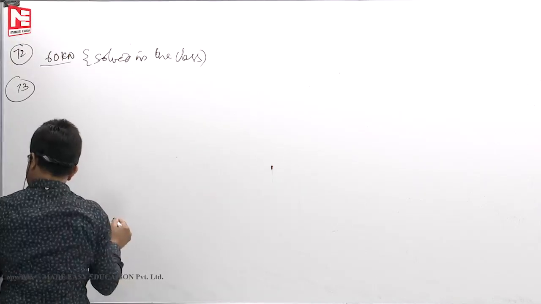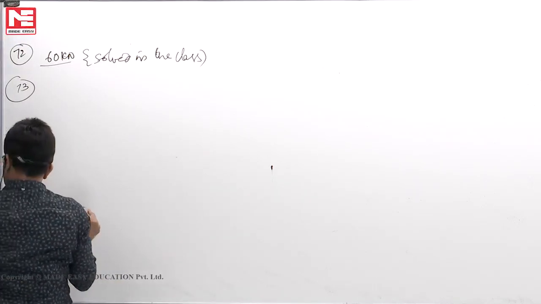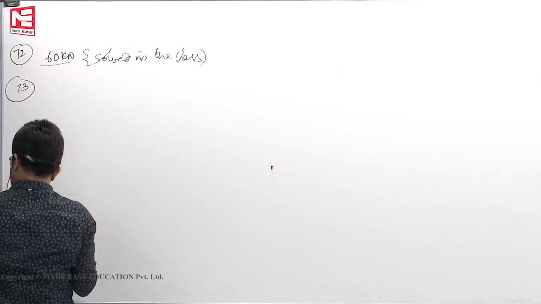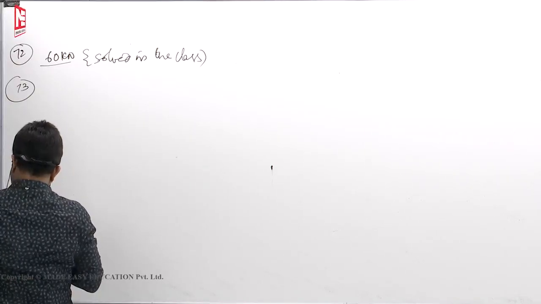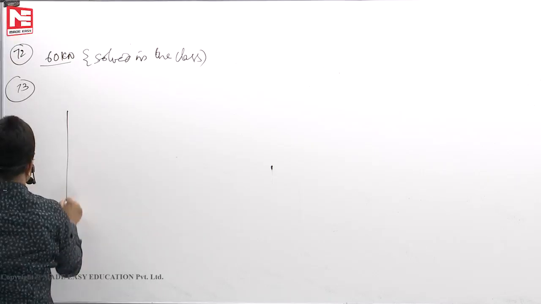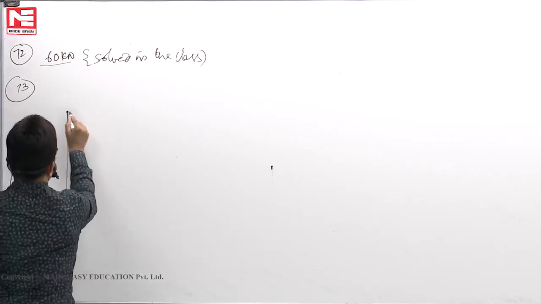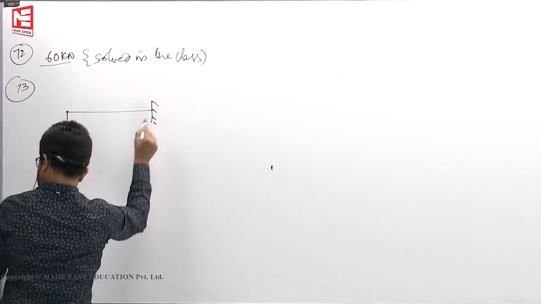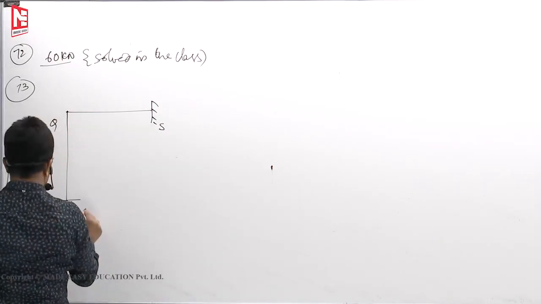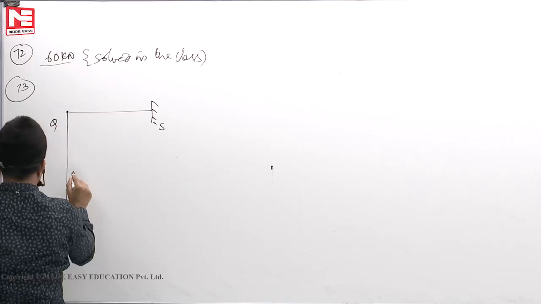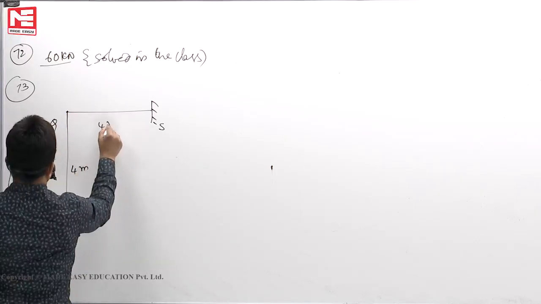73, portal frame is given, modulus of elasticity, moment of inertia given, rotation in degrees up to 1 decimal place at rigid joint Q. This is the problem. Both ends are fixed. This is Q, yes, R. This is 4 meters, 4 meters.